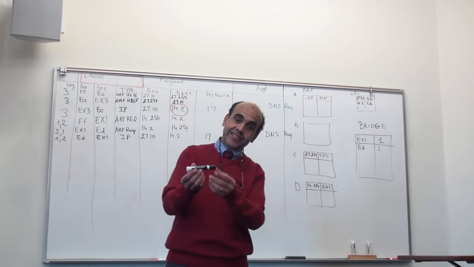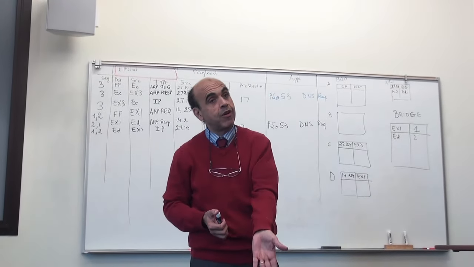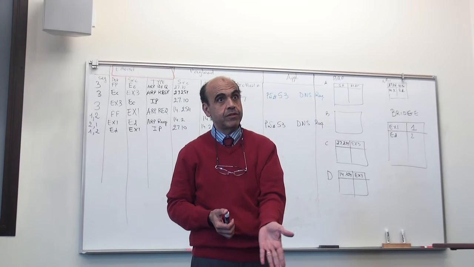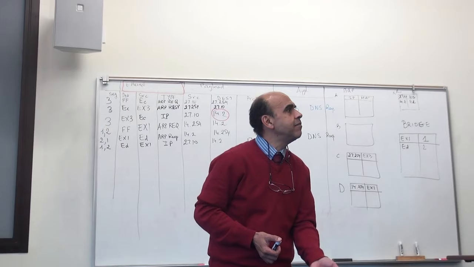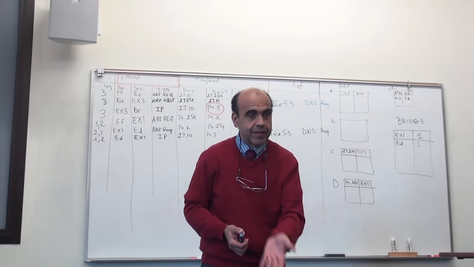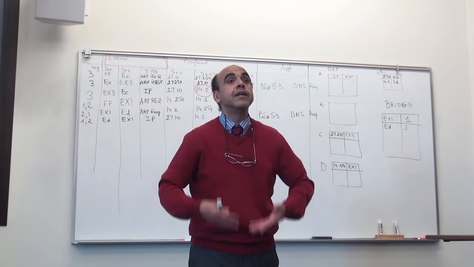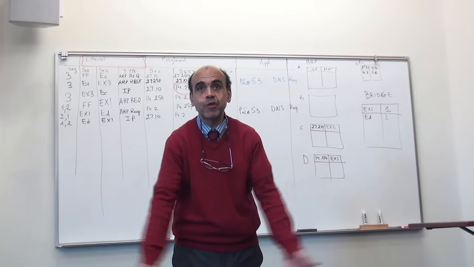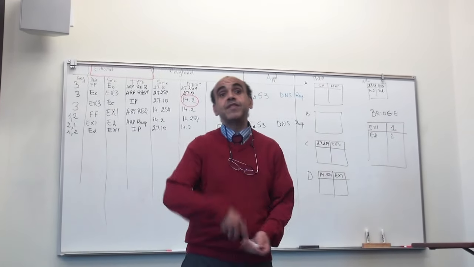So now, in order to answer, the DNS will use which transport protocol to respond? 17, UDP. UDP needs which protocol to send that datagram? It gives it to IP.